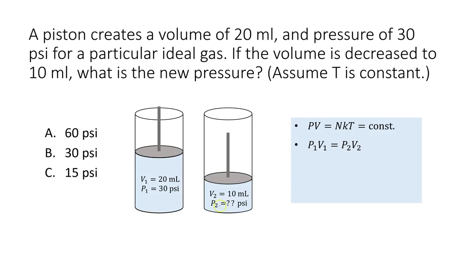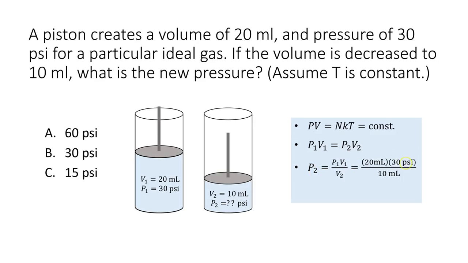P2 is really the thing we're looking for here. That's the pressure in state 2, which has a volume of 10 milliliters. And so we can rearrange. We end up with P2 is equal to P1 V1 divided by V2. All right, in this case, you actually don't have to convert into SI units here, because if you were to convert between milliliters and meters cubed, you would end up with the same multiplying factor in the numerator and denominator.